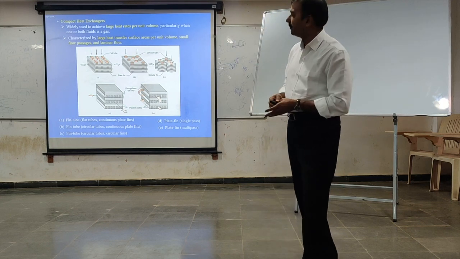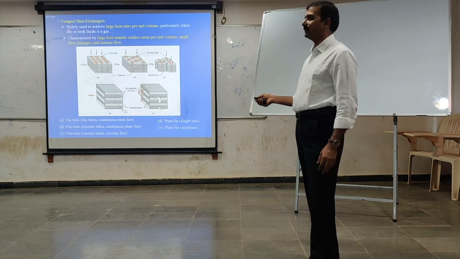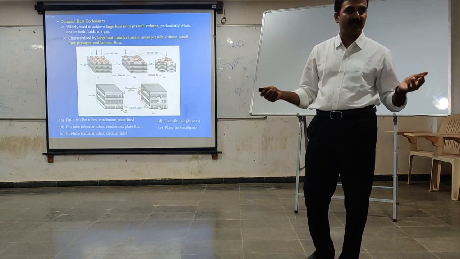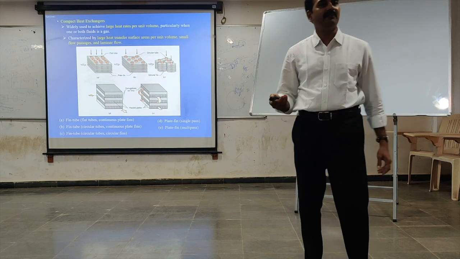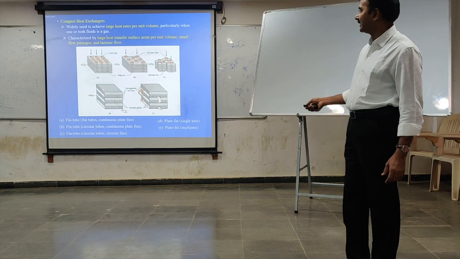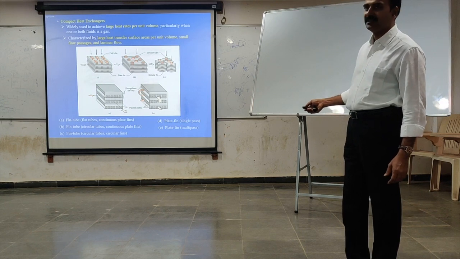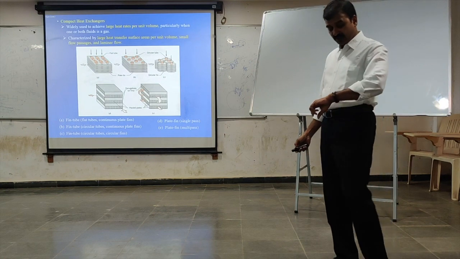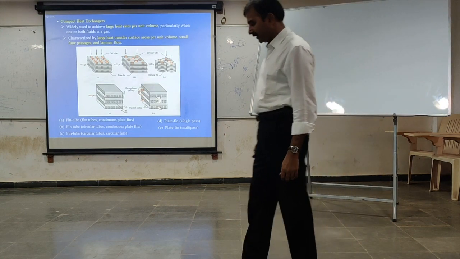So the simplest possible definition is that compact heat exchangers are those which provide larger heat transfer areas per given volume. These are the compact heat exchangers in different shapes and sizes as you see here. So these are the types of heat exchangers.